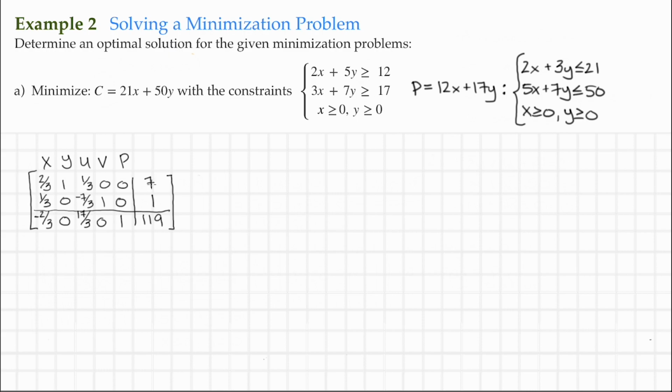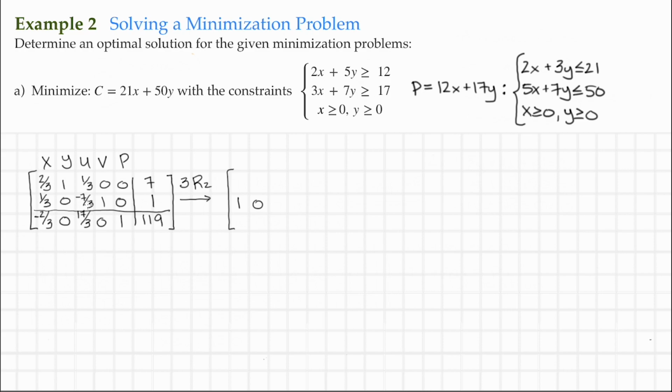So then we'll take 7 divided by 2/3, and 7 divided by 2/3 is 10.5. And then 1 divided by 1/3 is 3. This 1/3 here will be our pivot element. So then we could take 3 times row 2. 3 times 1/3, there's 1. 0 times 3, that's 0.